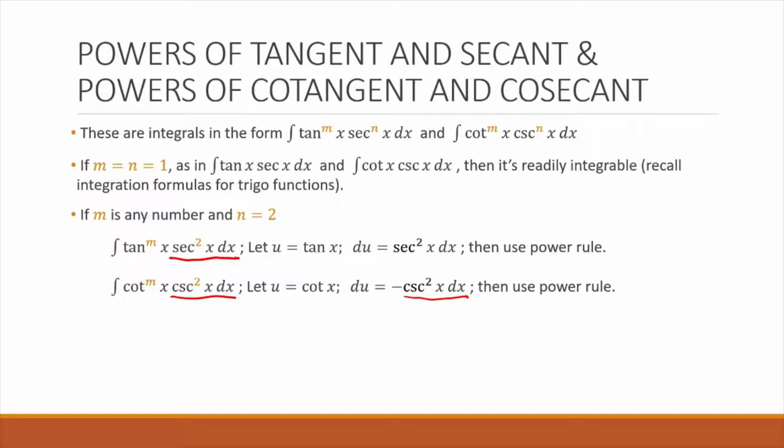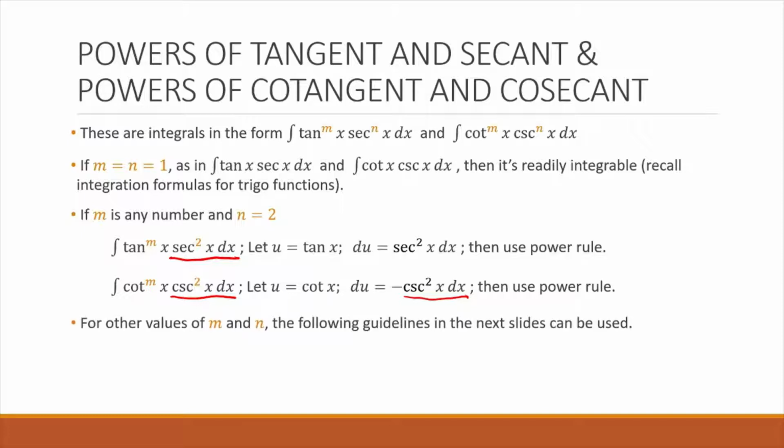Now, for any other values ng m and n, we have the following guidelines. Alright, so first case or subcase, if you will.